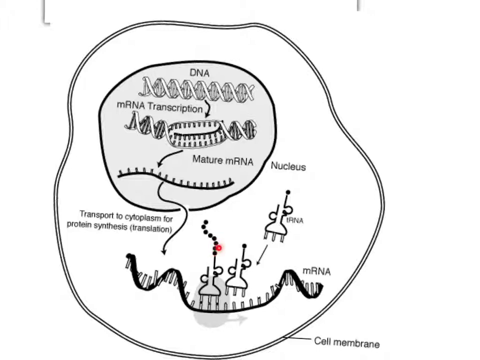So the sequence laid down in the primary structure of a protein is determined by the sequence of bases on the mRNA. The sequence of these bases on the mRNA is originally determined by the sequence of bases on the DNA. So that forms a little outline of the process of protein synthesis.